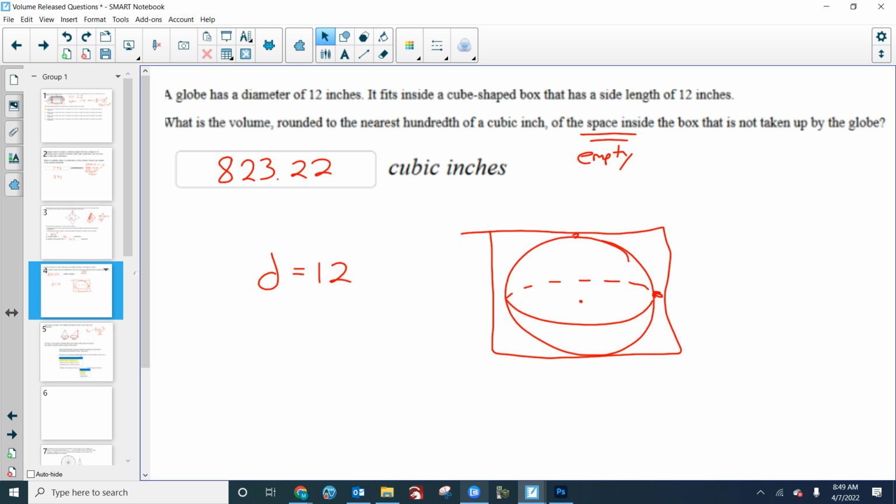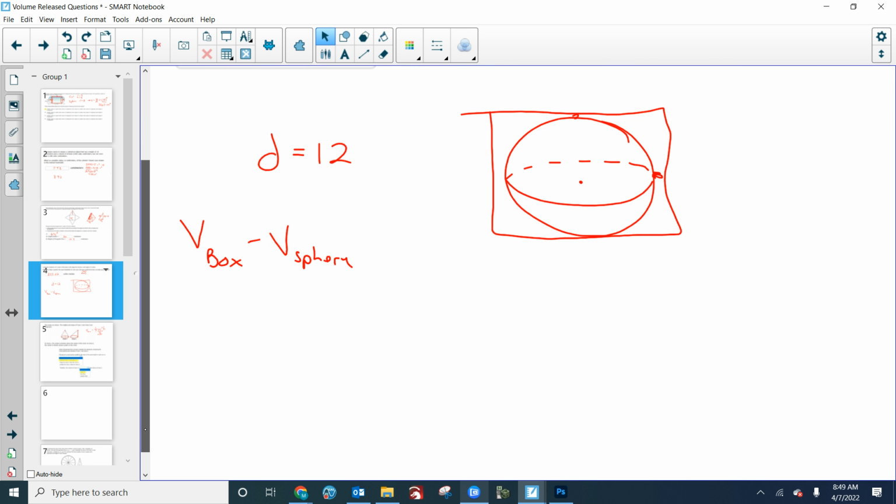So inside the cube, but not in the globe. It's the empty space. It's what's outside the sphere, but inside the box. You with me? So I'm going to take the volume of the box, take away the volume of the sphere, and that's going to be the empty space. Agreed? The volume of the box is what?